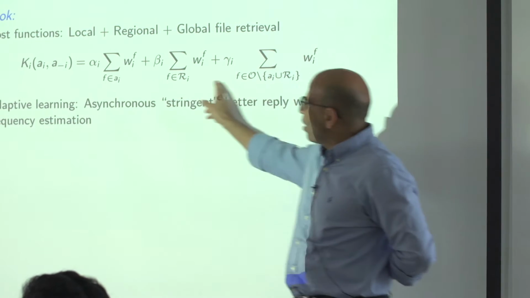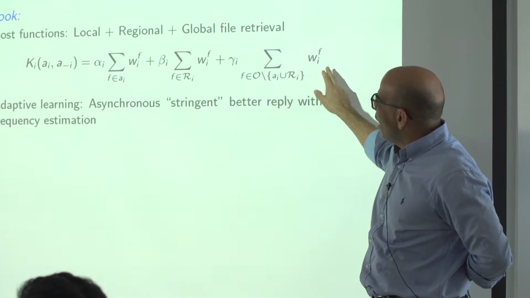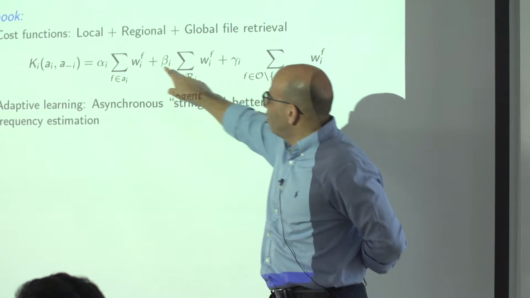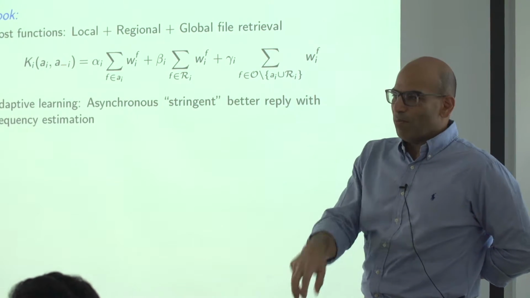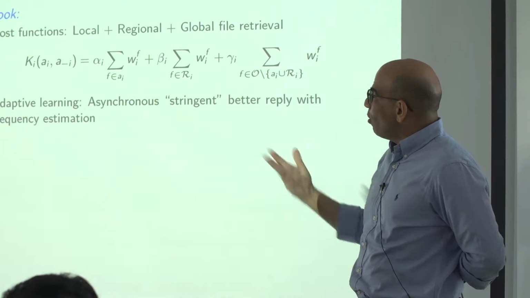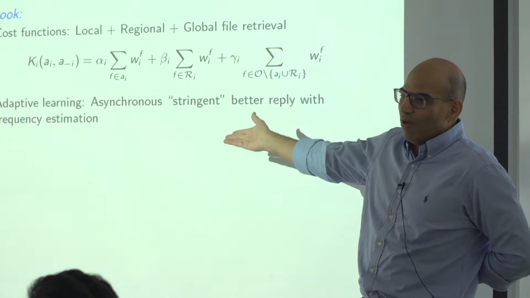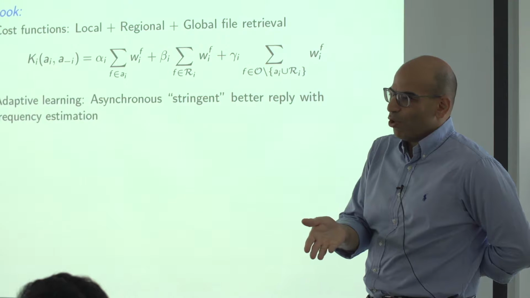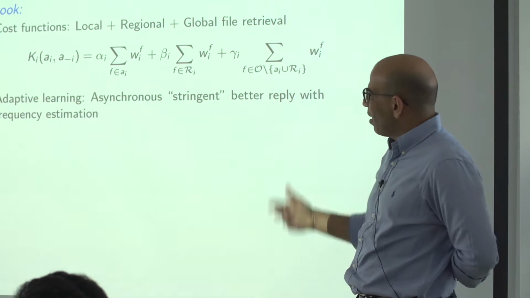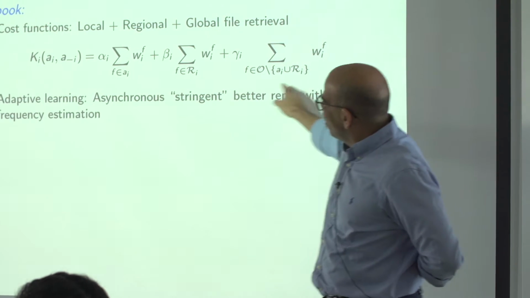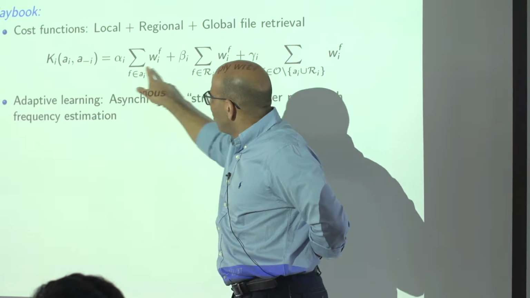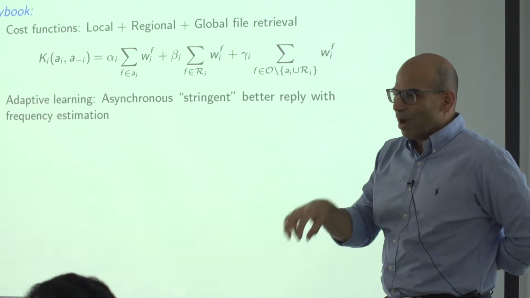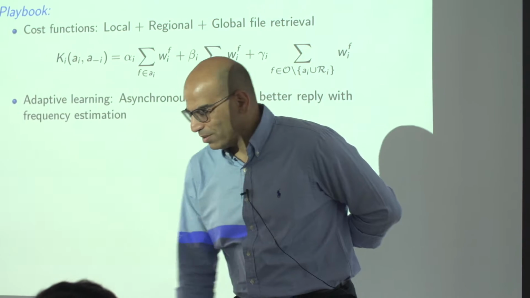My cost is a combination of these three, and you see that my cost depends on the file requests from my own population. It also depends on the storage of my neighbors, and that's the game. Remember, my utility or my cost depends on my choices and the choices of others. And so it depends on my choices, the choices of others, and the environment. And the environment is the frequency of file requests.